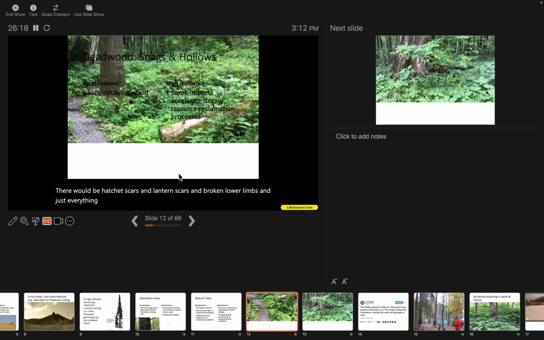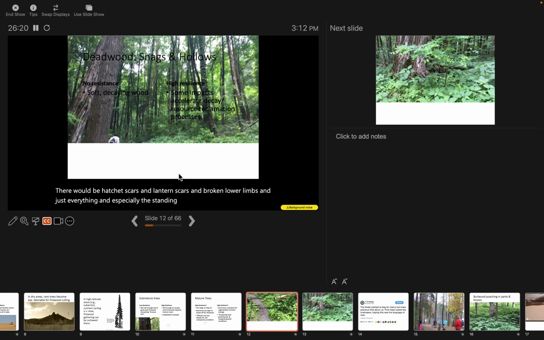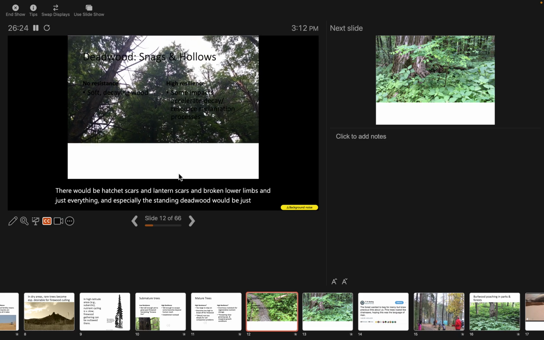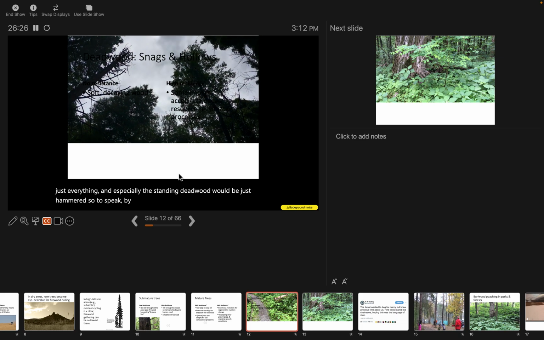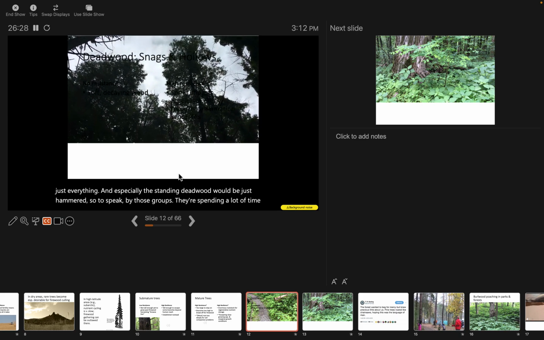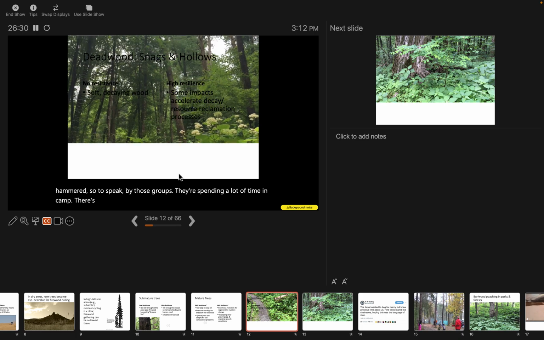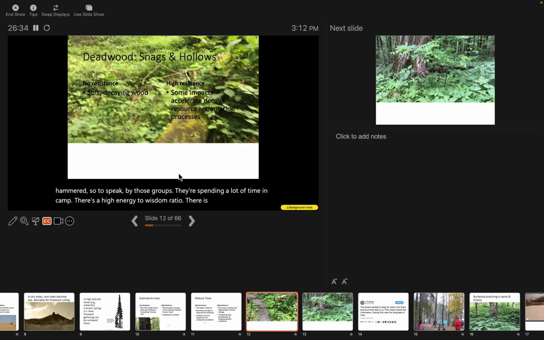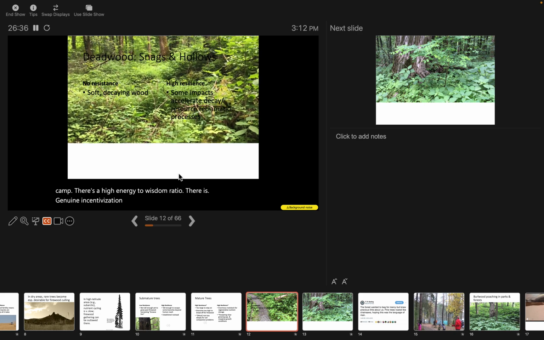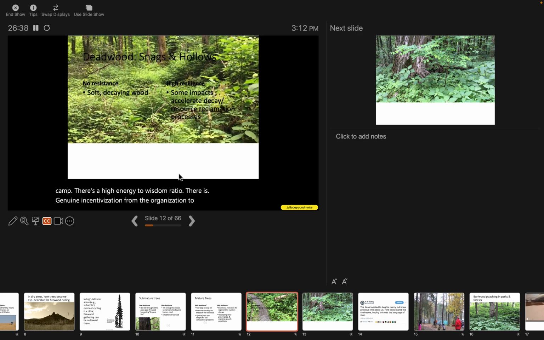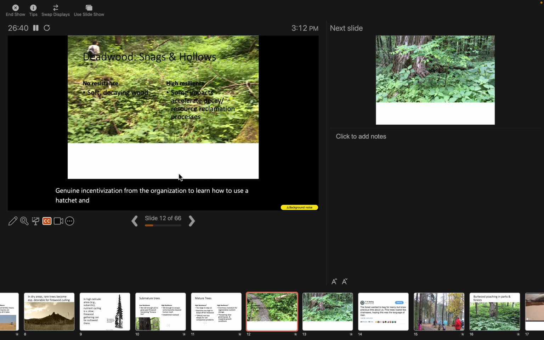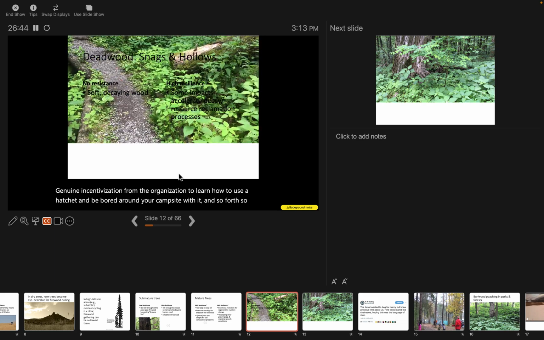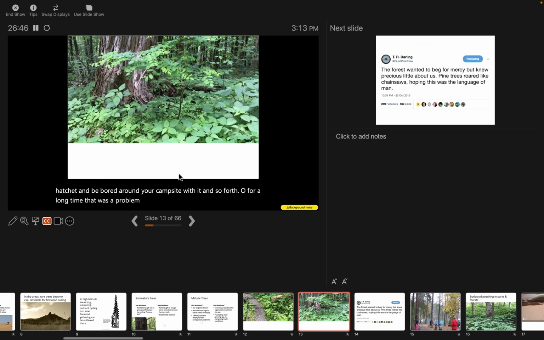And especially the standing deadwood would be just hammered, so to speak, by those groups, because they're spending a lot of time in camp. There's a high energy to wisdom ratio. There is genuine incentivization from the organization to learn how to use a hatchet and be bored around your campsite with it, and so forth. So, for a long time, that was a problem. These days, less so.